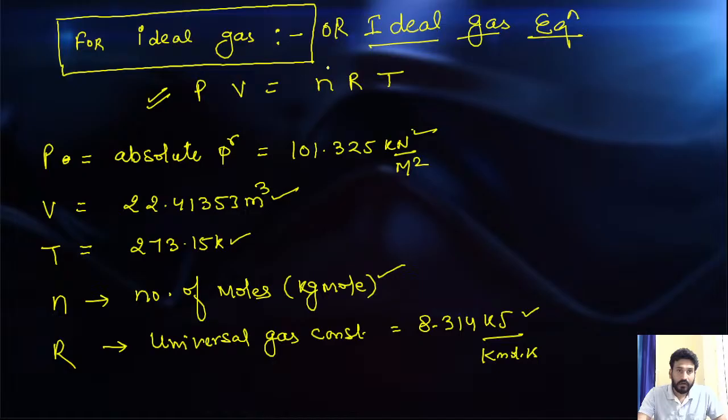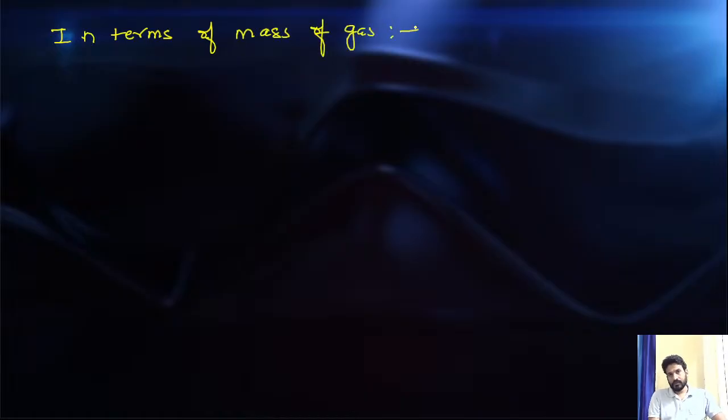So this is the ideal gas equation in the number of moles form. There is another form, in terms of the mass of the gas. The ideal gas equation is written as PV is equal to mRT.